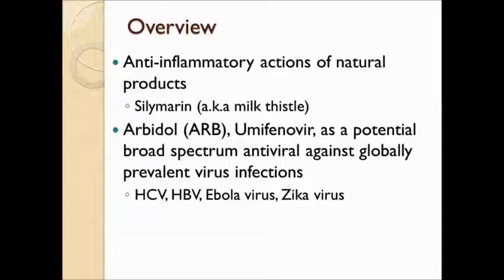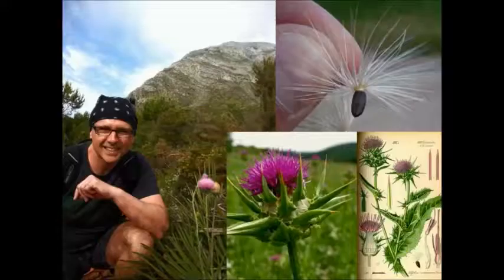And then I'll be talking about this broad-spectrum antiviral Arbidol that was developed in Russia about 30 years ago as an anti-influenza drug that seems to be inhibiting more and more viruses, both in vitro and in animal model systems. I'll talk briefly about our work on hepatitis C, HBV, and recent data on Ebola virus and Zika virus.